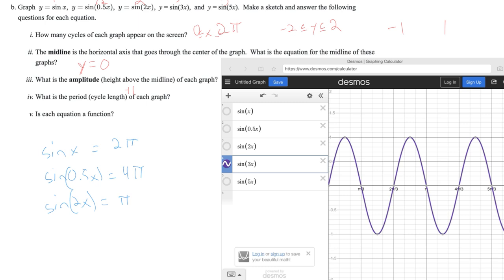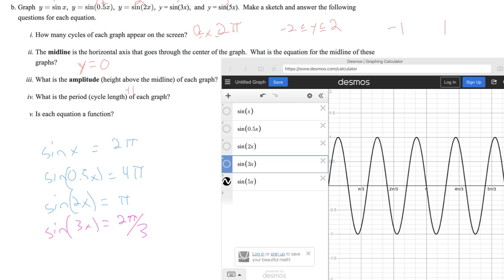So for my next one, where I've got sine of 3x, that period length is going to be 2 pi over 3. Then my very last one here, I am going to grab this one. I'm going to find out, where do I finish my cycle here? Well, this one is going to be a little bit more complicated, because here I've got this, it goes back through, and it finishes somewhere after this.